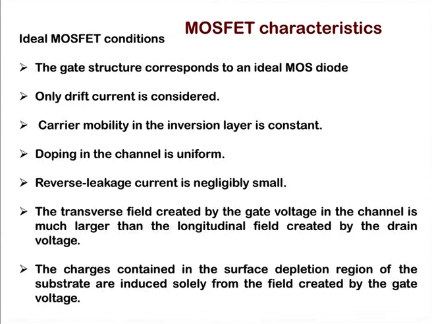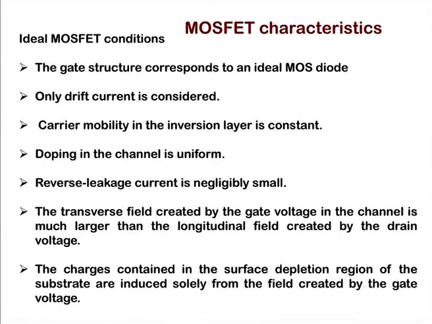When we talk about the ideal MOSFET, it means the gate structure corresponds to an ideal MOS diode, only drift current is considered, carrier mobility in the inversion layer is constant, doping in the channel is uniform, reverse leakage current is negligibly small, and the transverse field created by the gate voltage in the channel is much larger than the longitudinal field created by the drain voltage.